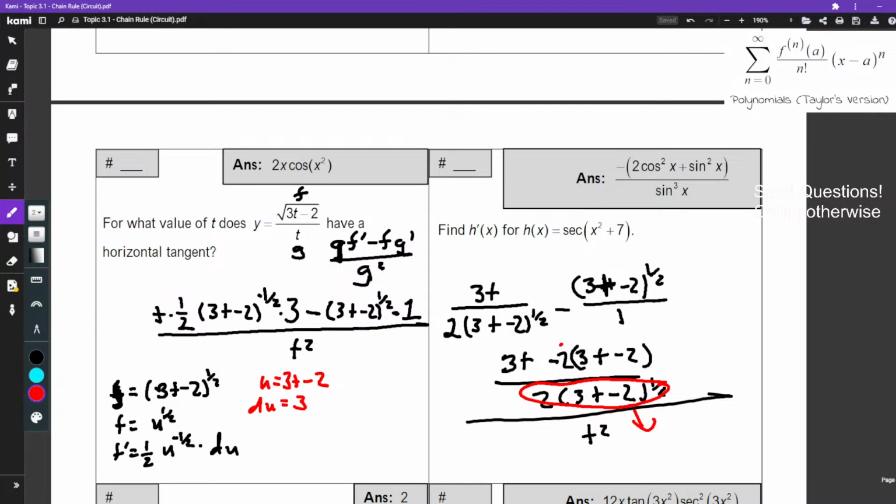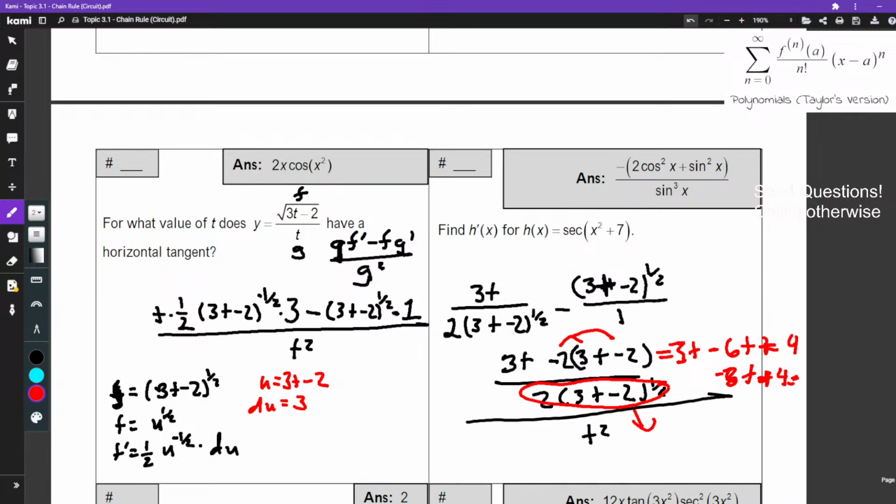So if I distribute here, I get 3t minus 6t minus 2. Or plus 2. Or plus 4, sorry. Add these two, get negative 3t plus 4.